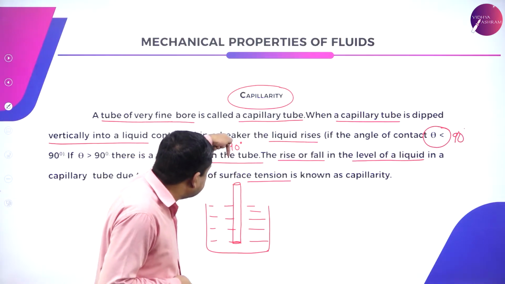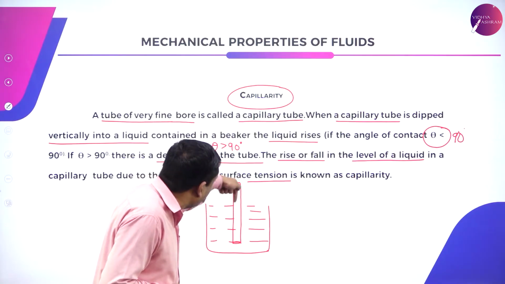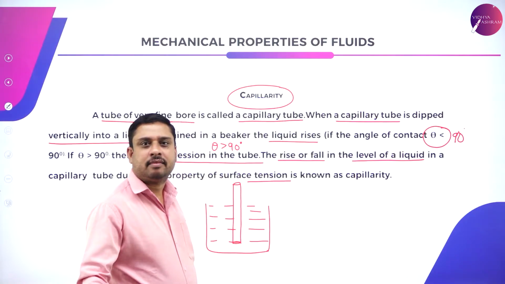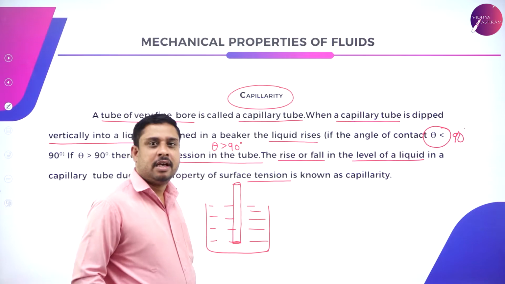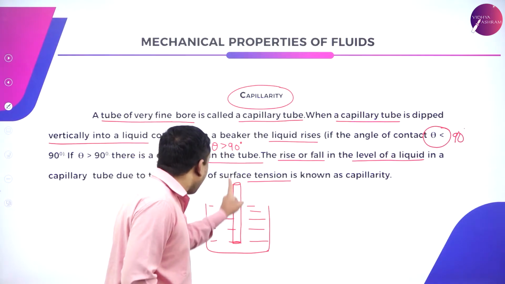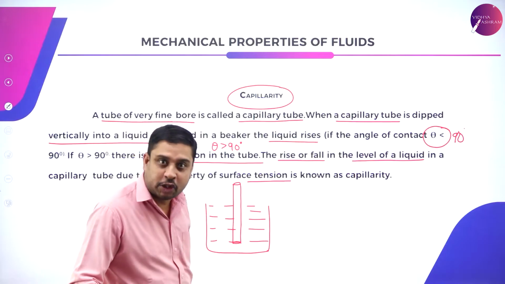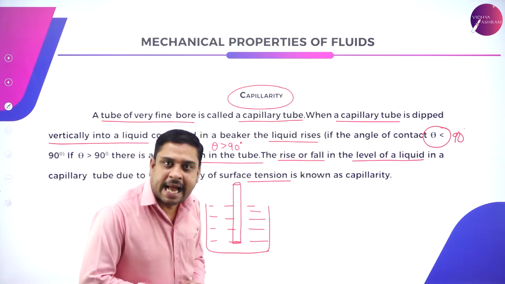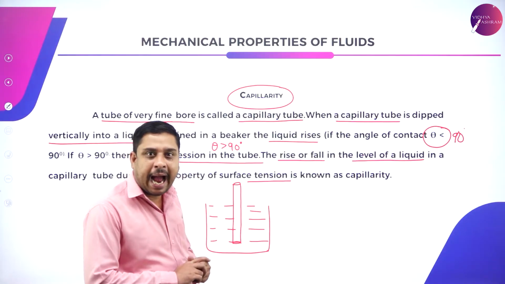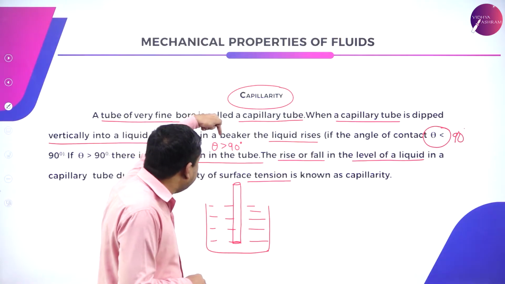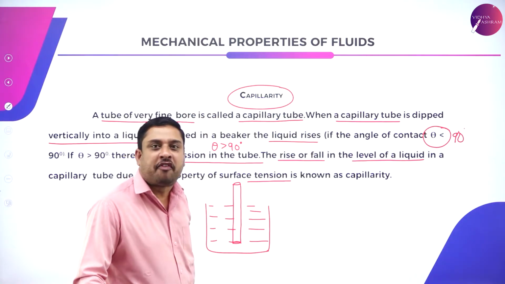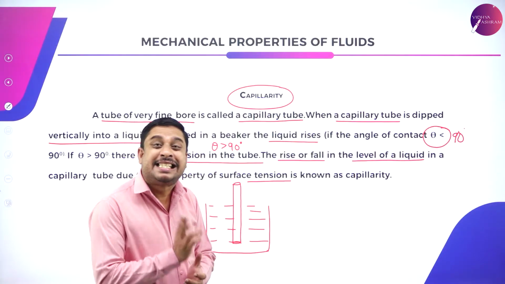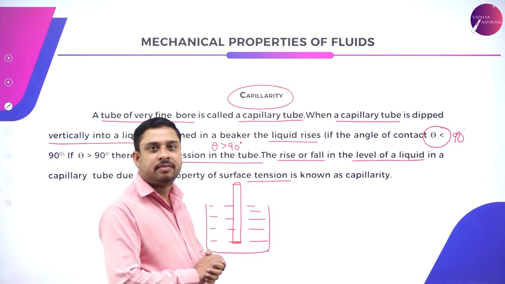If you immerse the capillary tube vertically in a vessel containing a liquid, there is a sudden rise of liquid inside the tube if the angle of contact is less than 90 degrees. And there is a sudden dip in the level of liquid in the tube if the angle of contact is greater than 90 degrees.